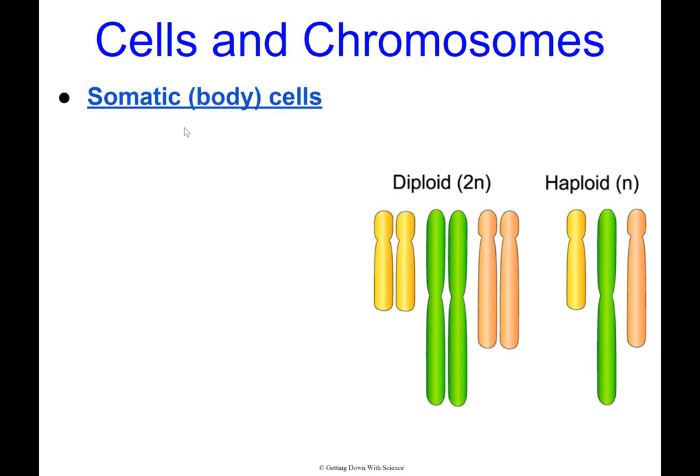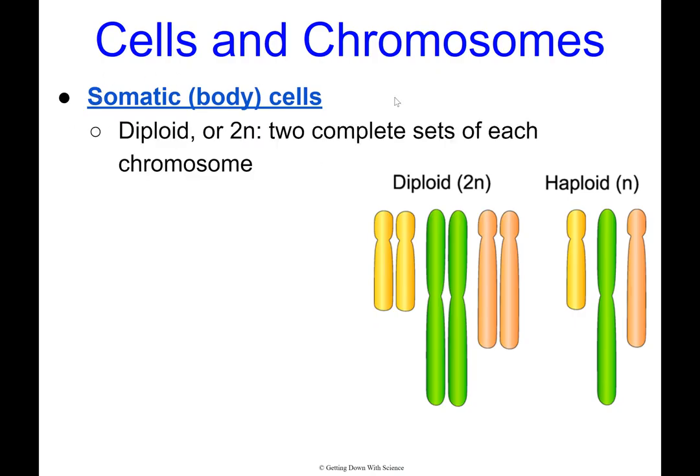Okay. Since we're focusing a lot in this unit on humans, and of course on organisms that reproduce sexually, you need to understand the difference in some of the cell terminology. So what we have are what we call somatic or body cells.